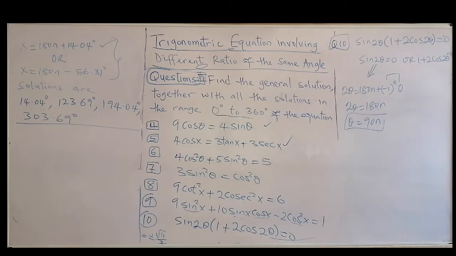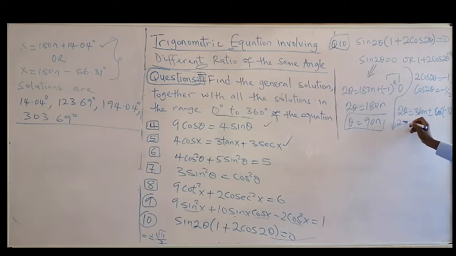For the second one, this will be equal to 2 cos 2 theta. We can move this one to the right hand side, and that will be minus 1. So cos 2 theta is equal to minus 1 over 2. Then we can get the general solution, which is 2 theta equal to 360n plus or minus arccos minus half.